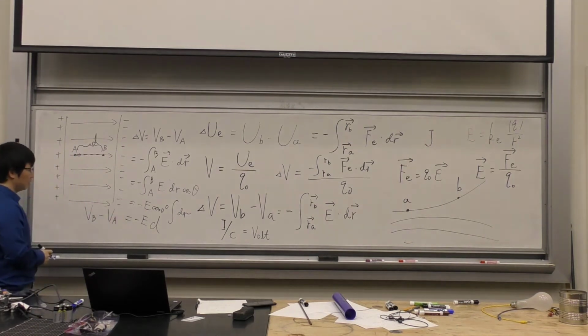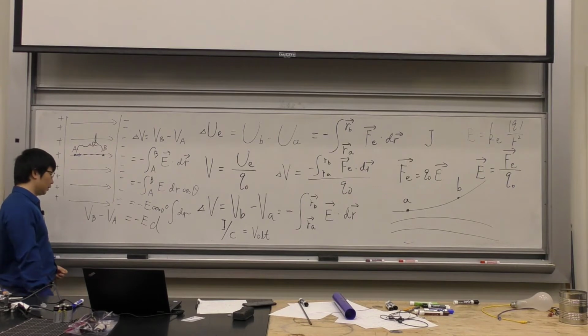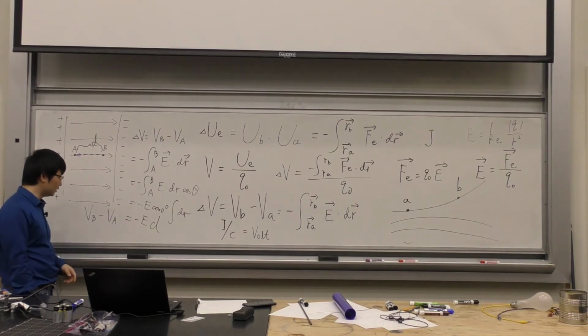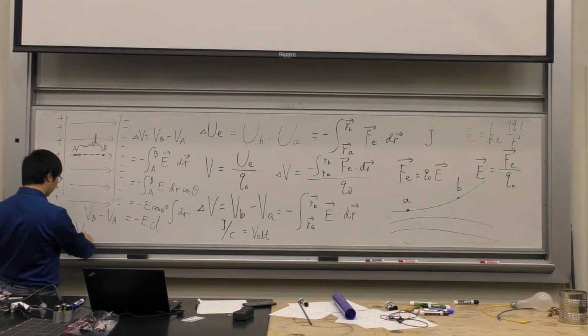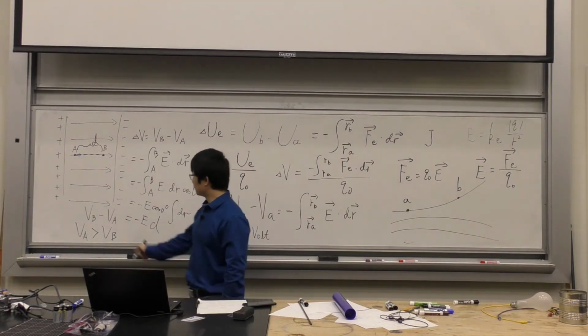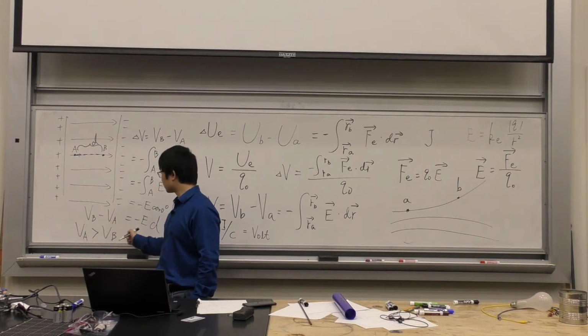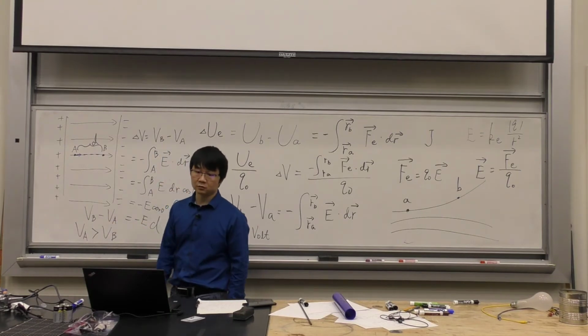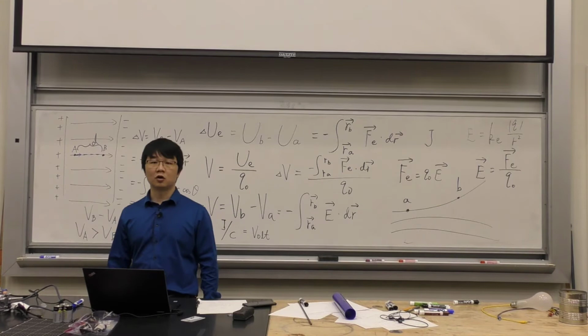By looking at this equation, I want you to tell me VB and VA, which one is going to be larger? Well, if this is negative E times d, apparently VA is going to be greater than VB. Then VB, a smaller number minus a larger number, is going to give you a negative number. So this is a general conclusion.